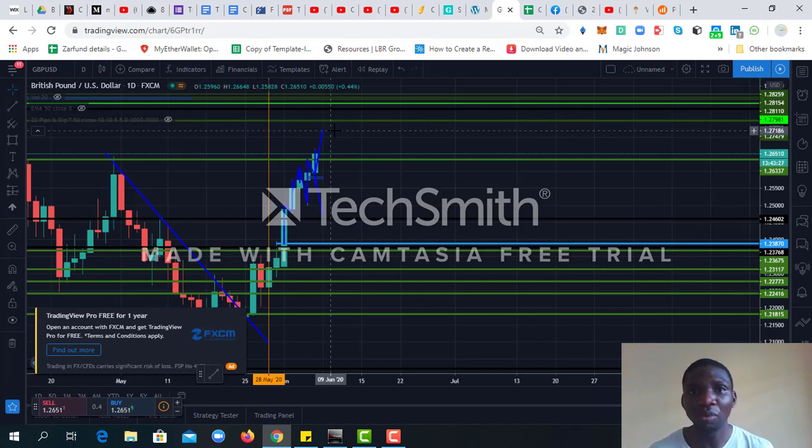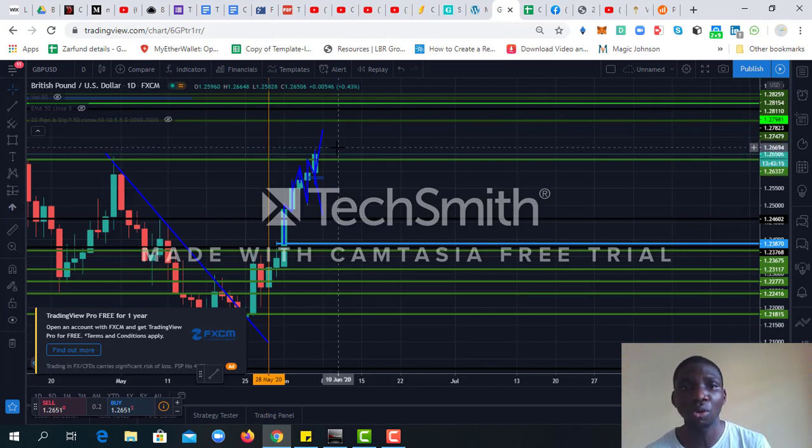We are going to wait and see structure telling us to sell, by the break of structure giving us lower lows, then we will know that it is time to sell.